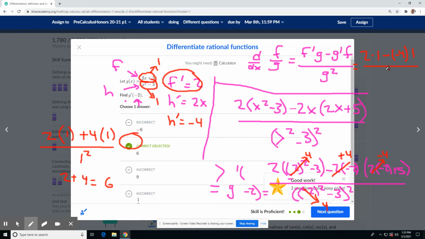The bottom was 1 squared, so what does this turn into? 2 plus 4. There's our 6 again.